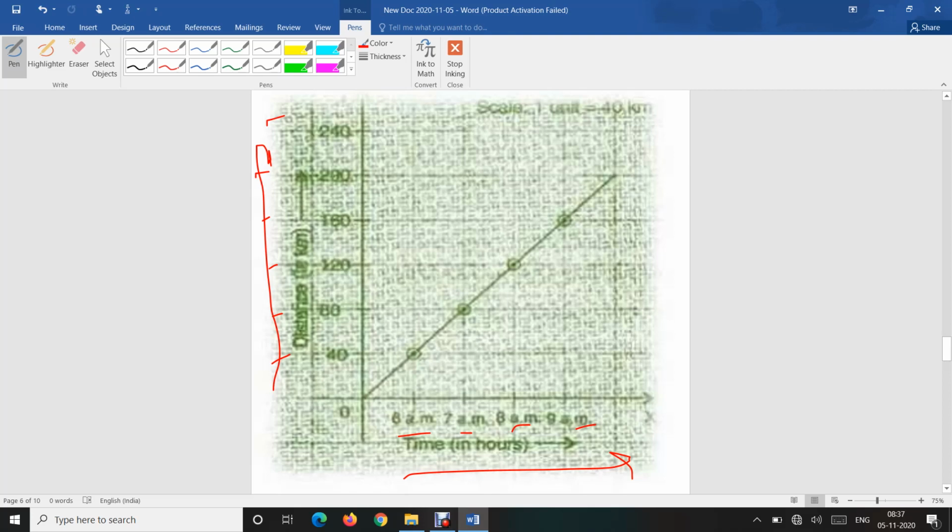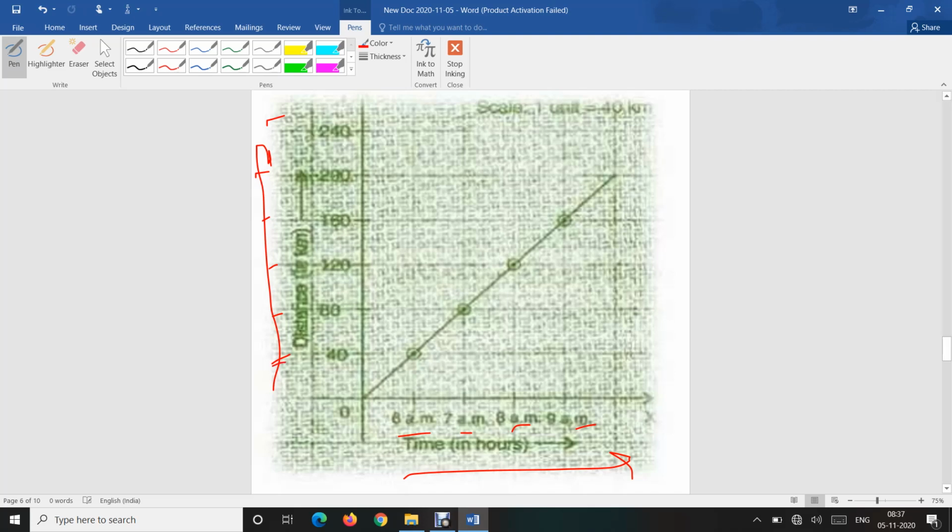If you are taking the scale as 1 unit is equal to 40, then you have to give the gap of 40 between each distance. Just like 180 is not given in the data, that doesn't mean that you will not write 180 on the y-axis. You have to write it because you are taking the scale as 1 unit is equal to 40.